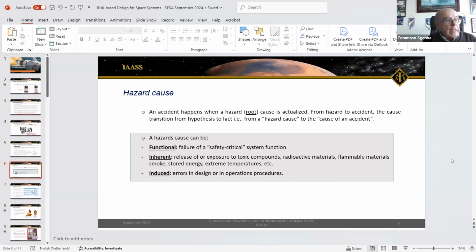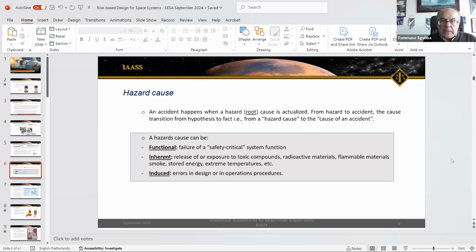A functional failure of a safety critical system is, for example, for an astronaut on orbit in a pressurized environment, the loss of pressurization. The loss of the system that provides pressurization is a safety critical functional failure.